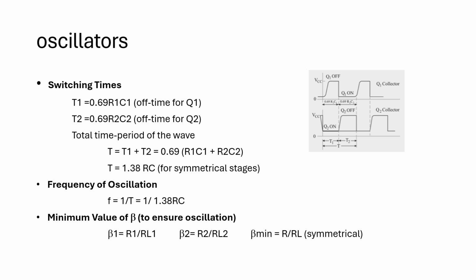The minimum value for beta to ensure oscillation is R1 over RL1, R2 over RL2, or minimum, if it is symmetrical, R divided by RL. If we don't want our space and mark to be equal, we can vary the values for our resistors and capacitors.